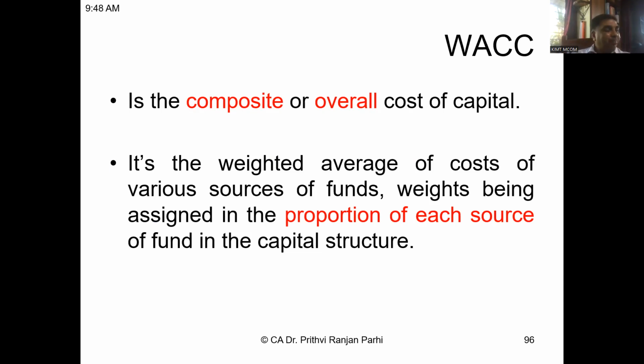So friends, we have now completed the computation of preference share. Now we'll be at the last part of your module 2, which talks about weighted average cost of capital. Weighted average cost of capital means what? Each component of capital has got a cost.